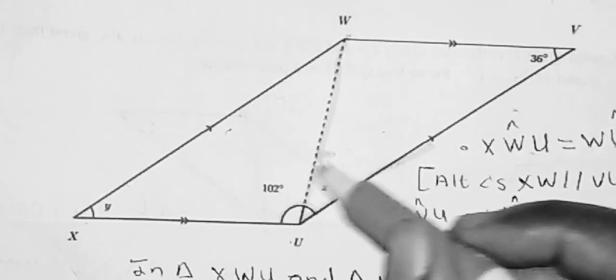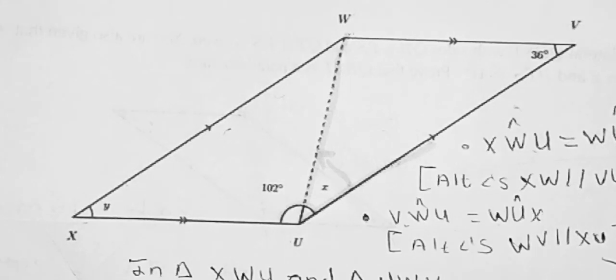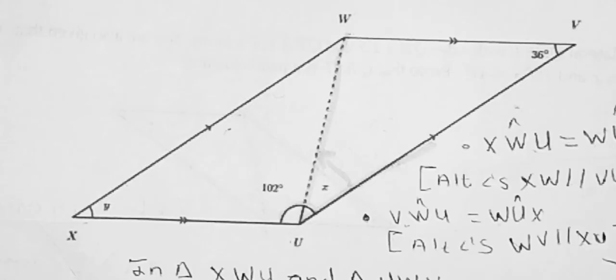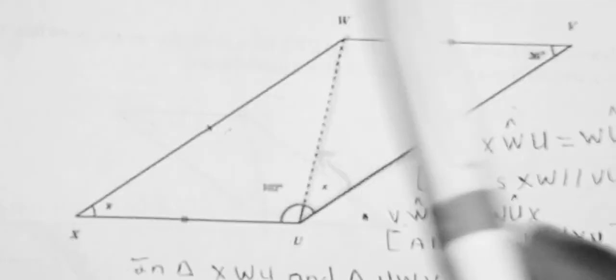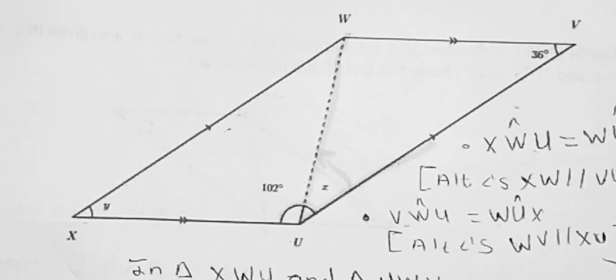How are we going to see that? Sum of angles in a quad add up to 360, and to find this angle, we know that opposite angles are equal, which means that w is equal to u, but we don't want w, we want WUV only, so we are going to work it out.